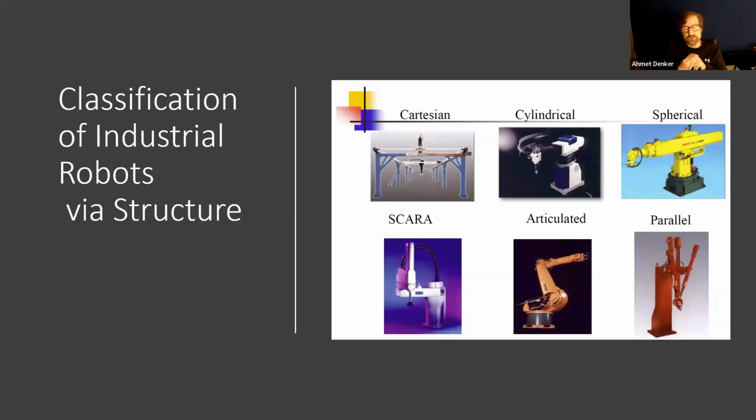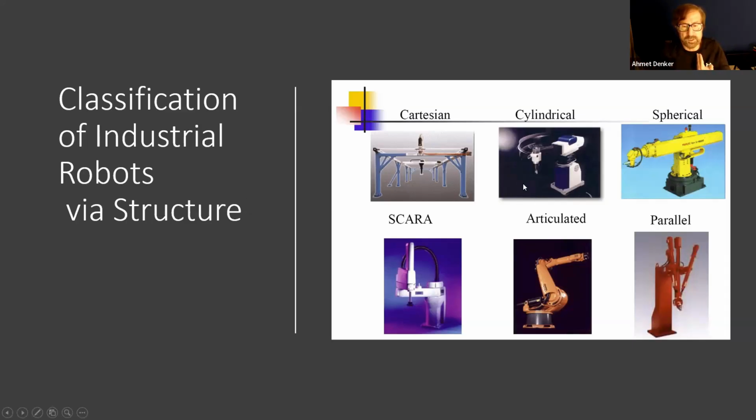This structure is also what defines the workspace of a robot. If the robot is working in a Cartesian, a cubic workspace, it's called a Cartesian robot.